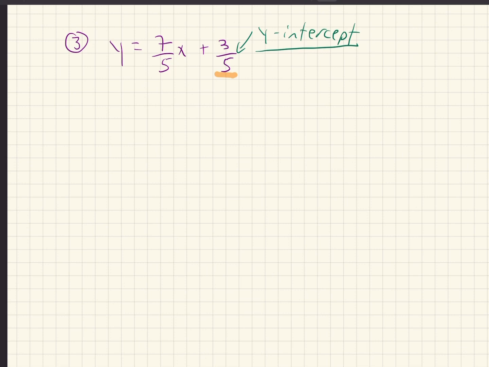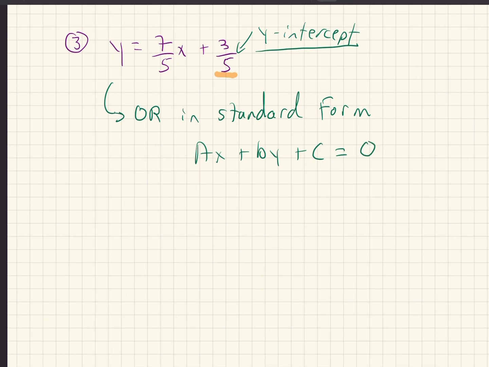And so what I'll do is I'll translate this. We're going to write it in standard form. And we're going to translate this into ax plus by plus c is equal to 0.